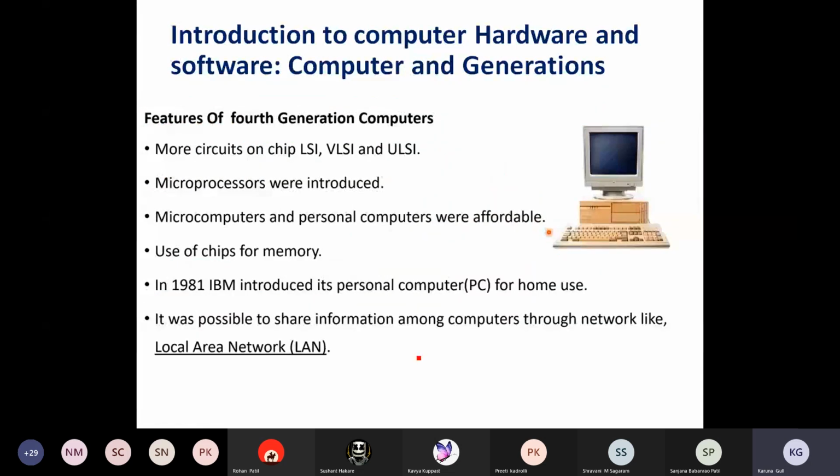Next, in the fourth generation, very good ICs were developed, because we are moving towards the microcomputer rather than the minicomputers. Whenever we say microcomputers, please remember we are trying to deploy almost all the controlling units on a single IC. ICs were developed in the last generation too, but they were doing different tasks.